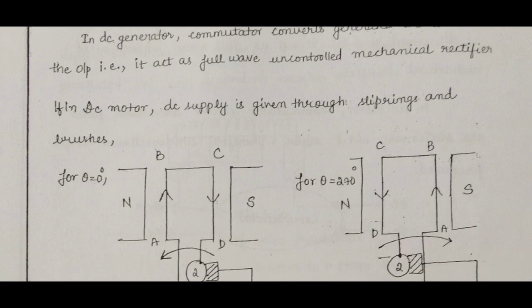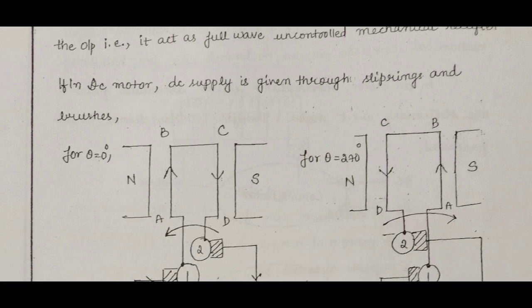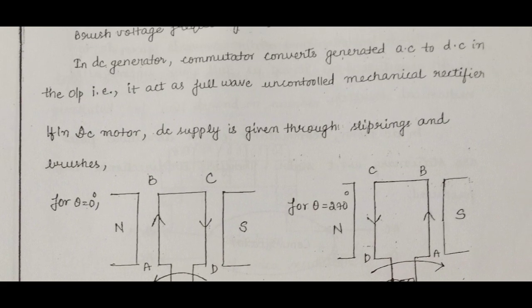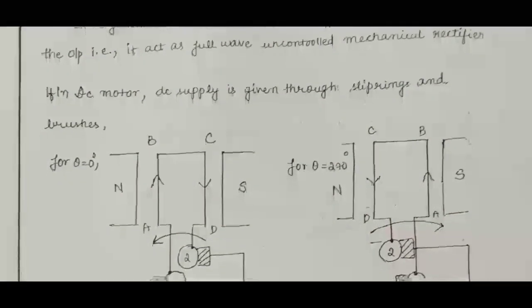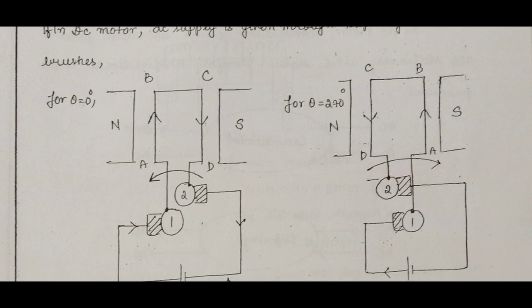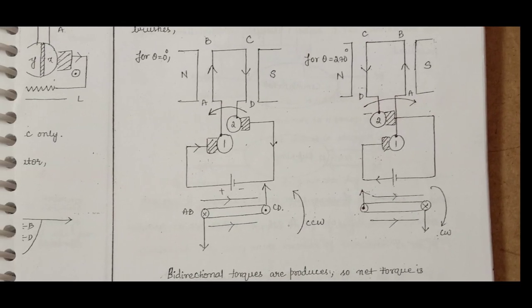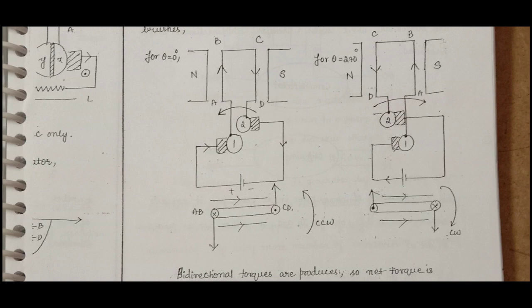If in a DC motor, DC supply is given through slip rings and brushes, at theta equal to 0, north south, counterclockwise direction of torque is there.